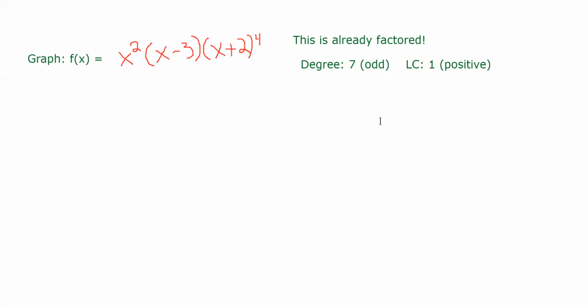So we remember that the end behavior for an odd degree polynomial that has a positive lead coefficient is going to fall to the left, rise to the right. If you scroll back through your notes, you'll see that this is the case.